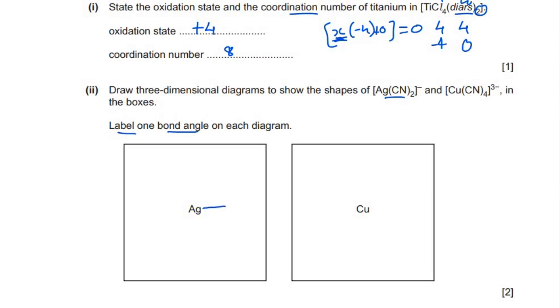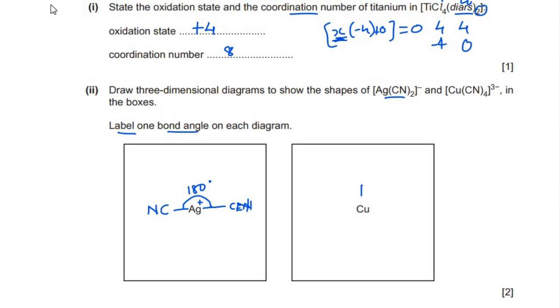So what I suggest is Ag+ with CN. We can show the bonds of CN, otherwise we can directly write CN, another CN like this, and we also need to label one of the angles. So I'm labeling it as 180 degrees because it's linear, so the angle should be 180 degrees.